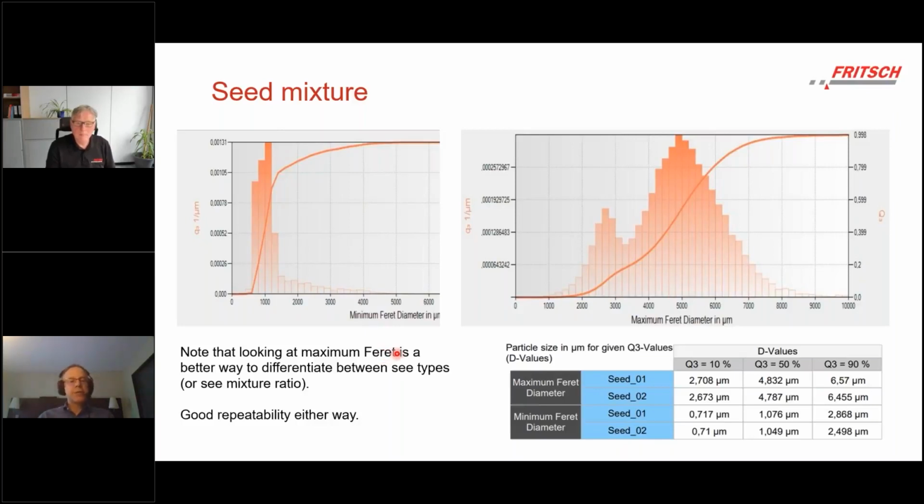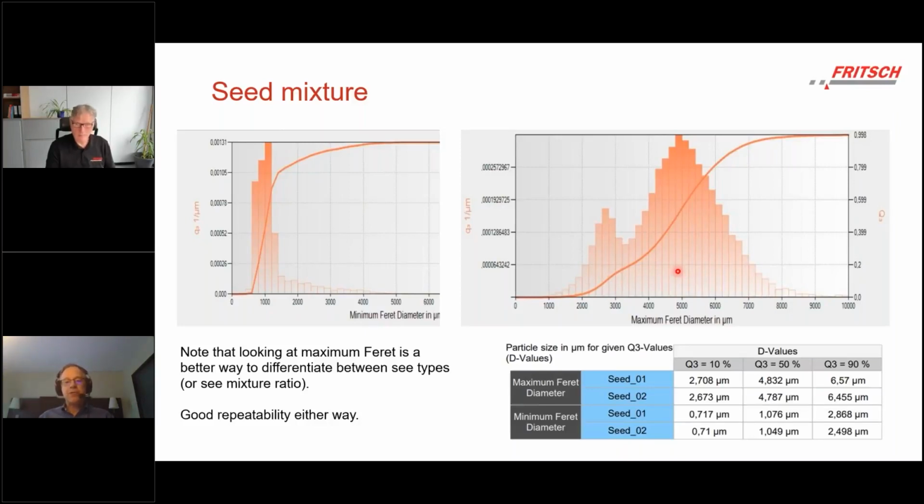If you plot the size distribution, on the left I show a quantity as a function of the minimum Feret diameter, or the width of the particle, and you can see almost all of my seeds have about the same width or fatness. But if I plot quantity as a function of maximum Feret, which is quite often the length, there's a little difference because of rotation, which we'll skip for the moment. You can see two distinct populations, which is good news because there were two different kinds of seeds in there.